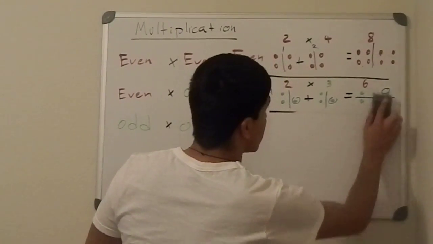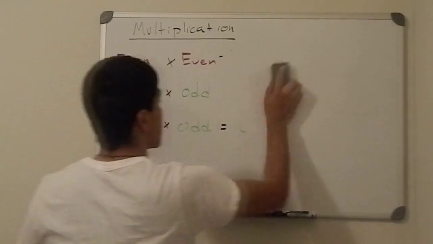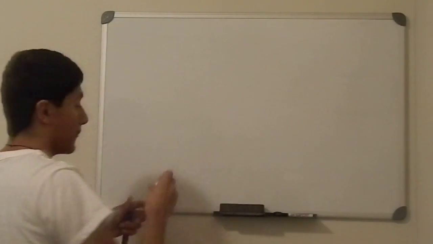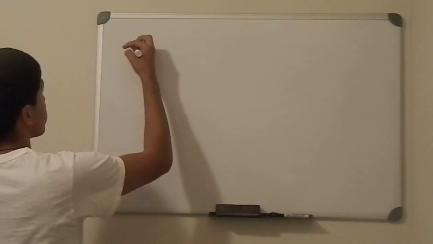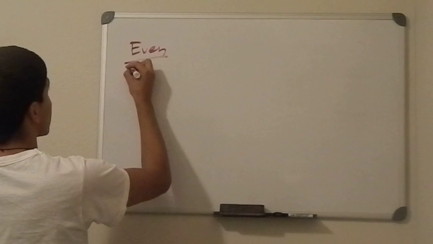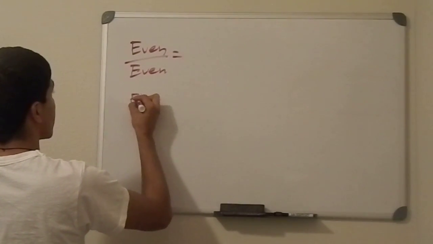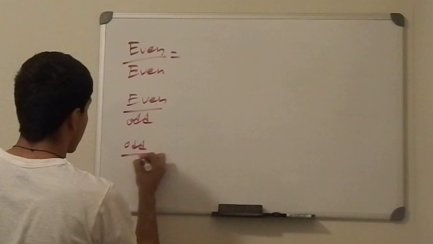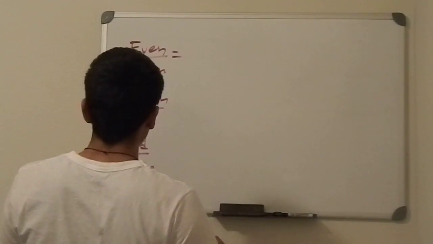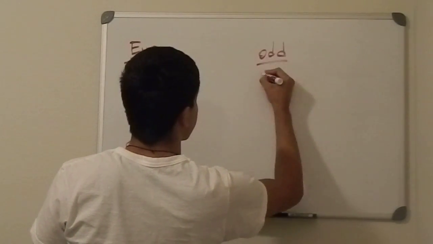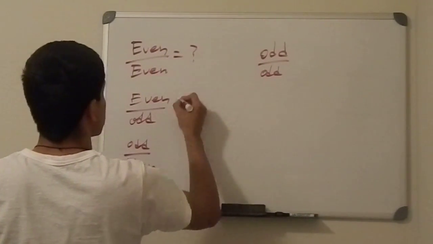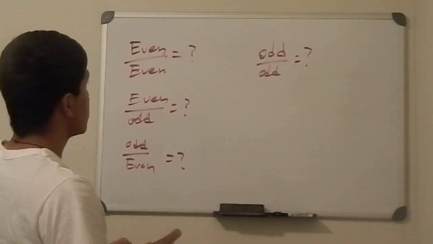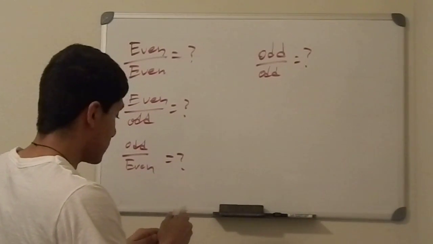Now, remembering the one for division is much more simple, because each one of these cannot be certain, because it is division.